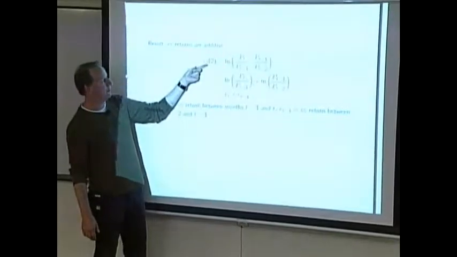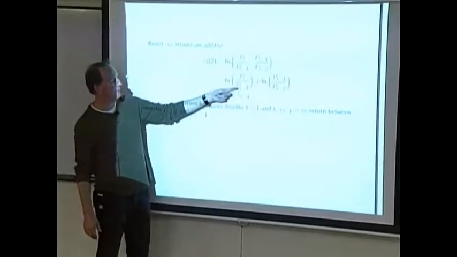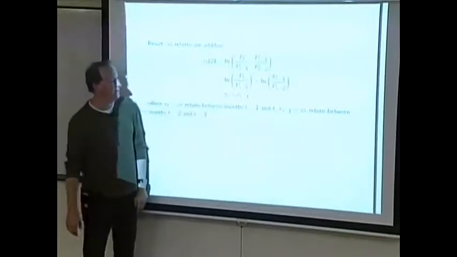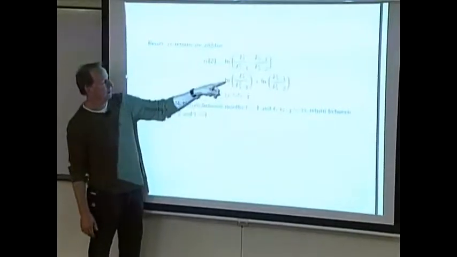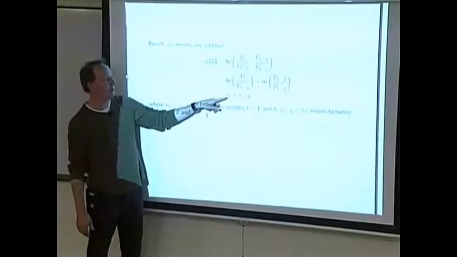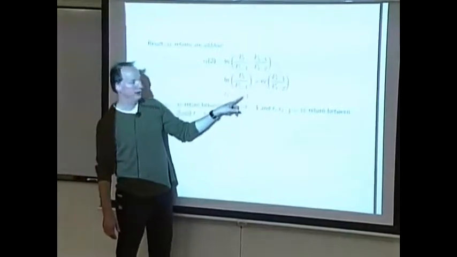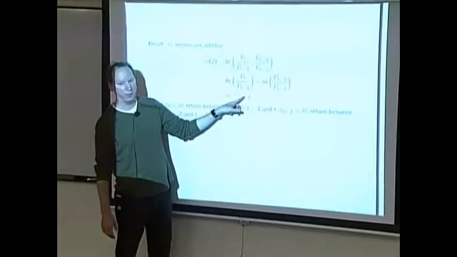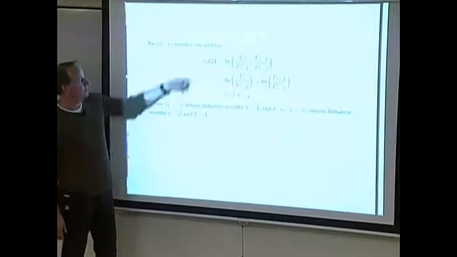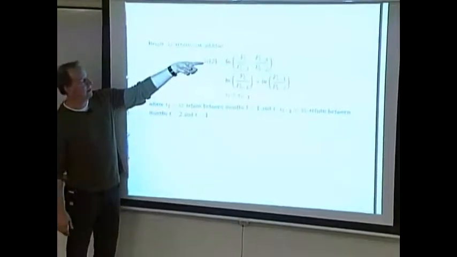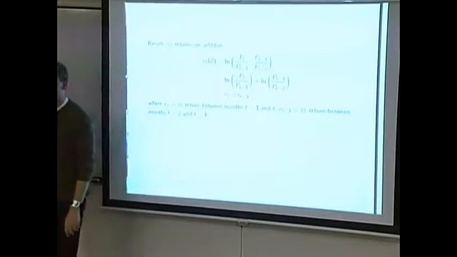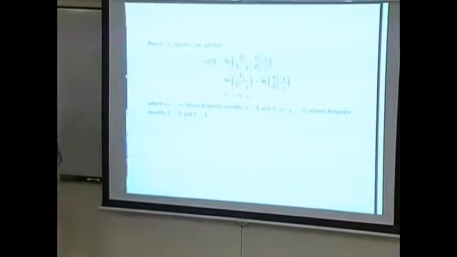So the 2-month continuously compounded return is the logarithm of p_t divided by p_{t-1} plus the logarithm of p_{t-1} divided by p_{t-2}. But this is just the continuously compounded return between t minus 1 and t. And this is the continuously compounded return between t minus 2 and t minus 1. So we get that the 2-month continuously compounded return is the sum of 2 1-month continuously compounded returns.